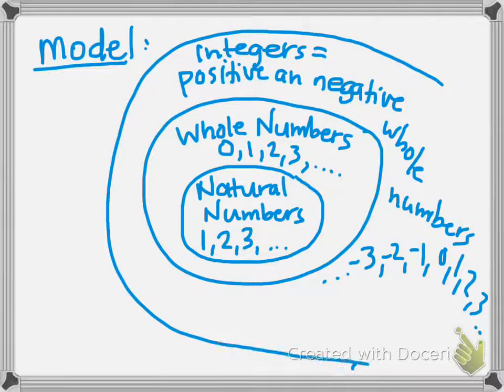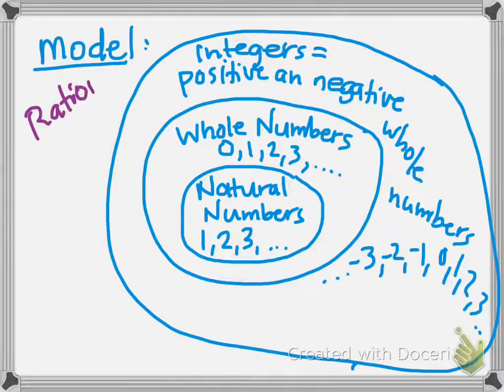So it has all the natural numbers, all the whole numbers, and integers have included negative numbers. And then the last one are rational numbers. Rational numbers contain all the integers, all the natural numbers, all the whole numbers.